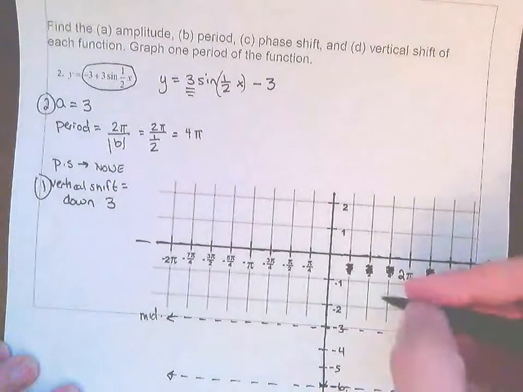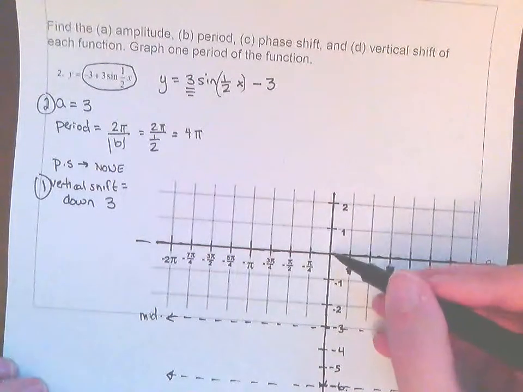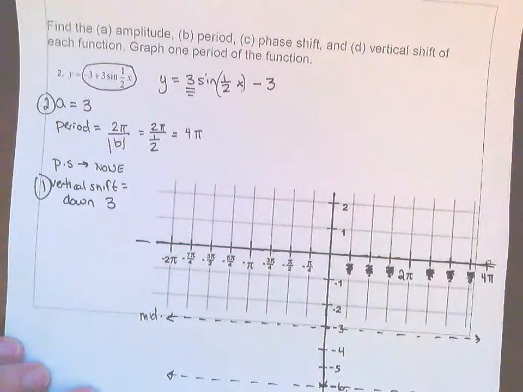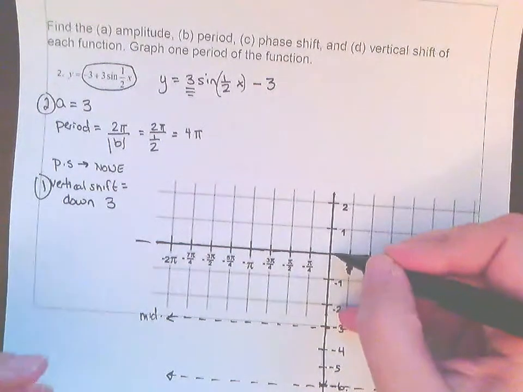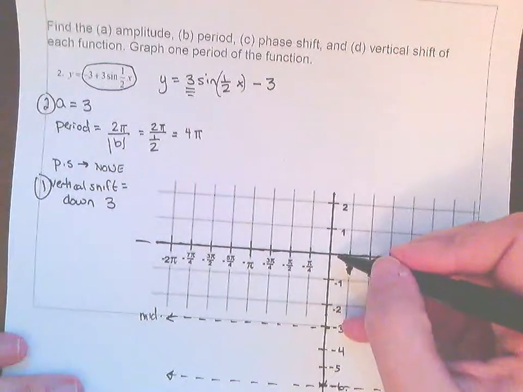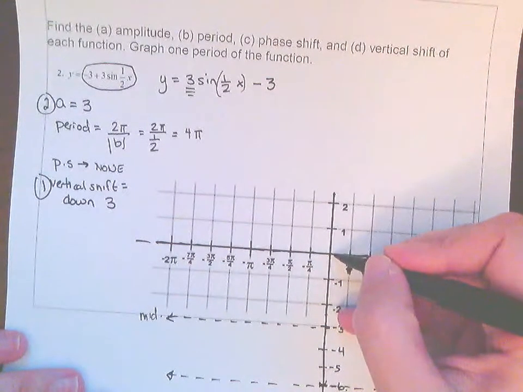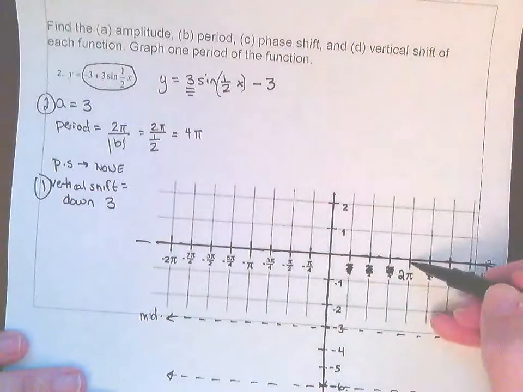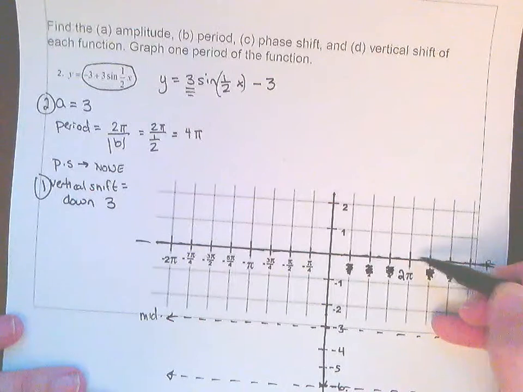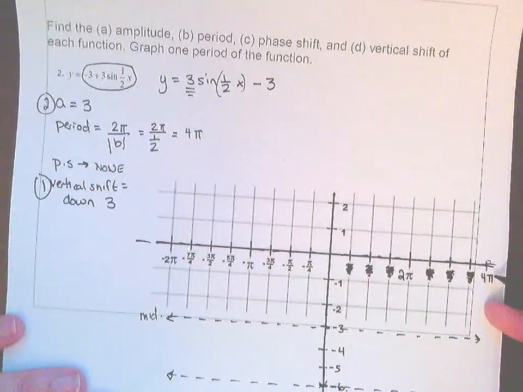And this is actually not that difficult. The only thing that's really changing is that all of the points from your original sine function are now going to be moving down 3. And the only difference is that instead of ending at 2 pi, your last point that would have been at 2 pi is going to be at 4 pi.